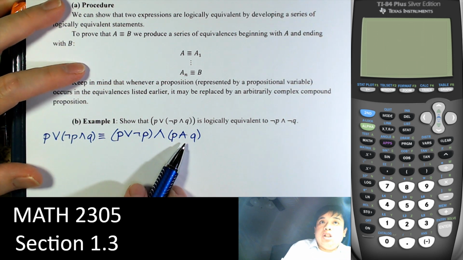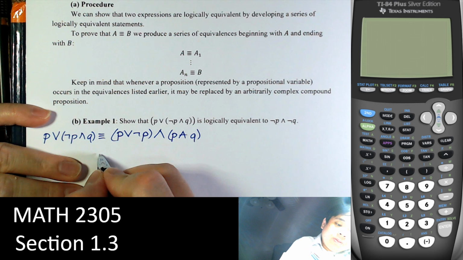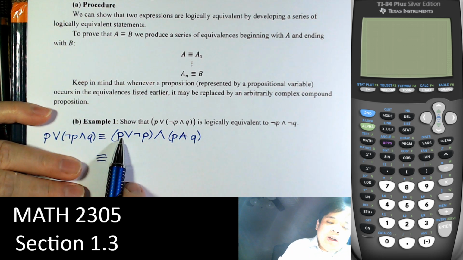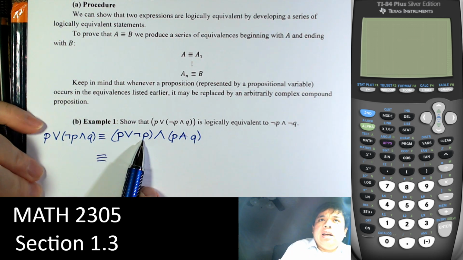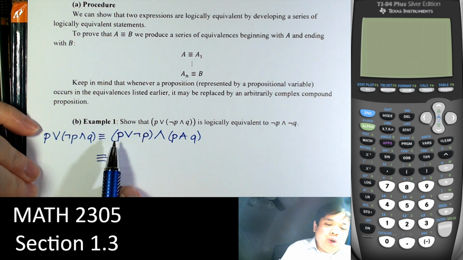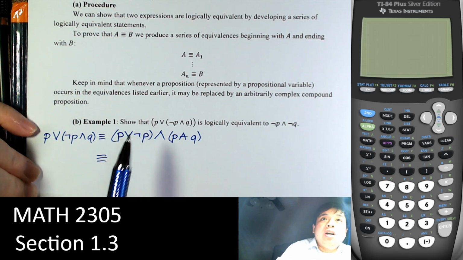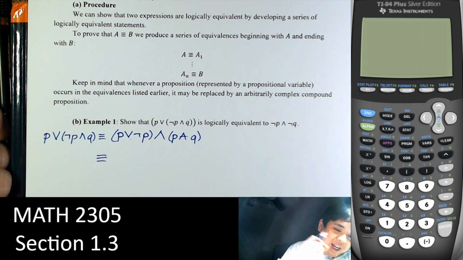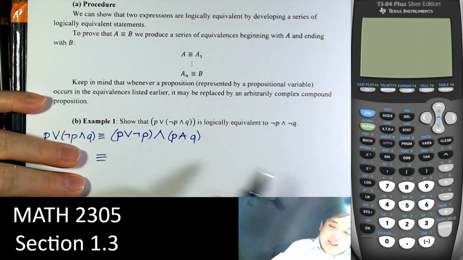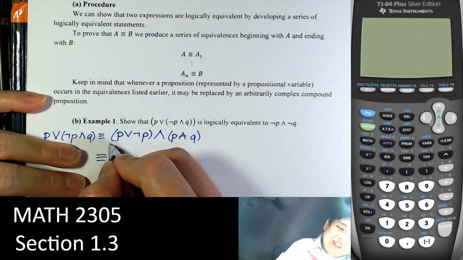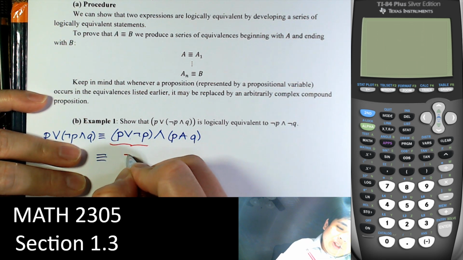So this is distributive property. Now, P or not P. Actually, it doesn't matter here because if one of them is true, then it's going to be true. So this one is going to be true.